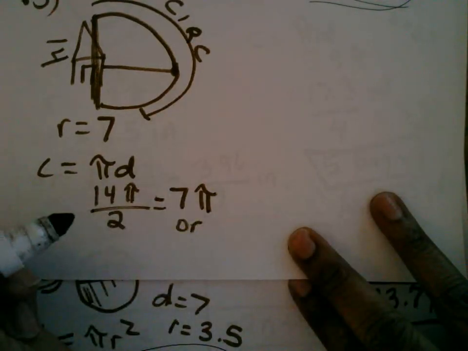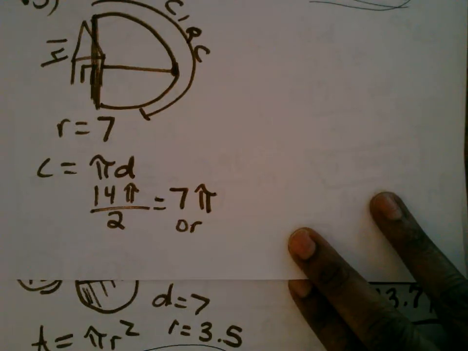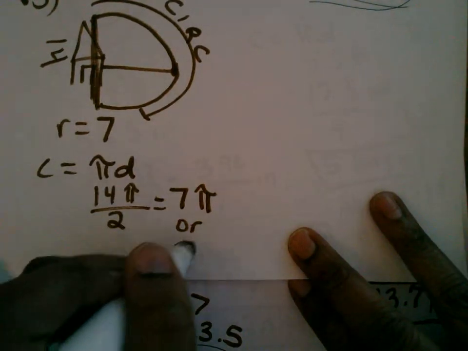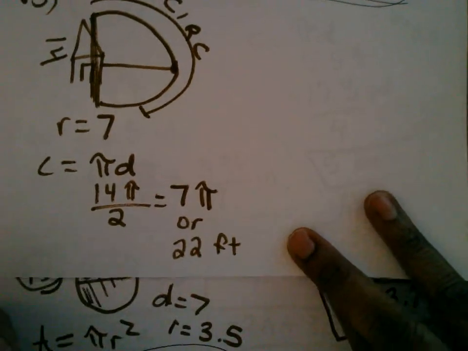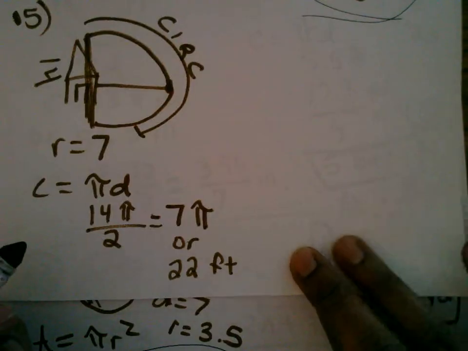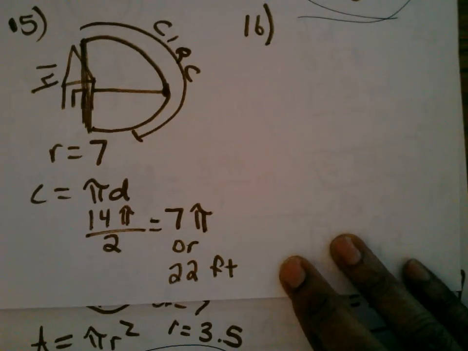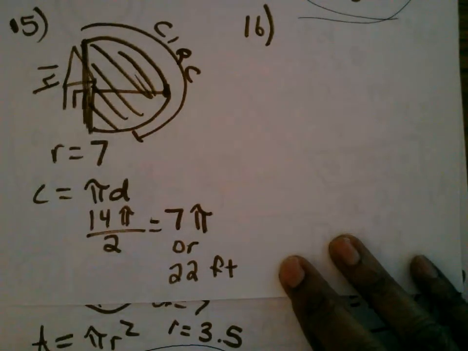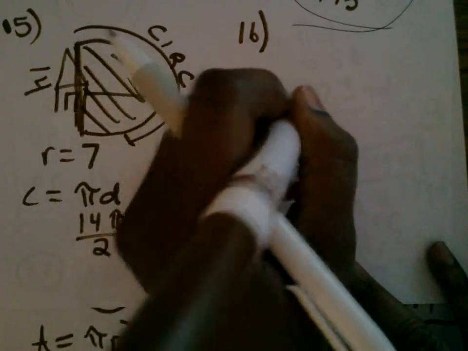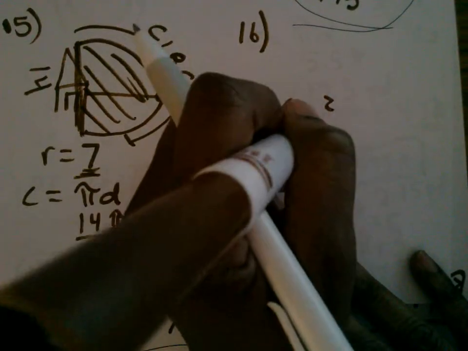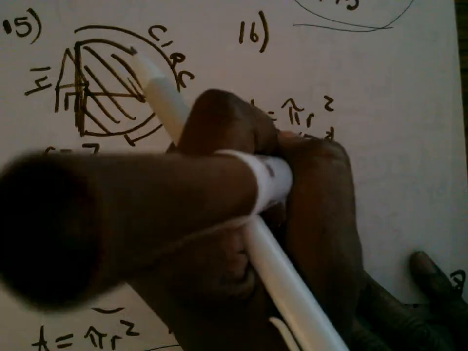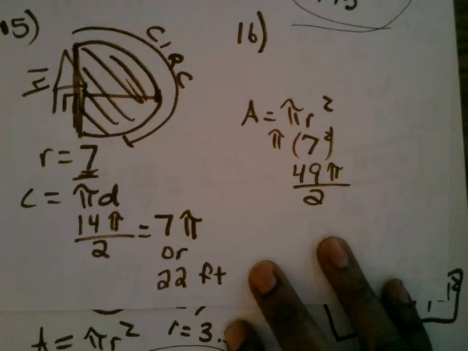Or 22 feet. And then on number 16, the same dog pen is going to be covered inside. So we need to find the area, pi r squared, when r is 7. 49 pi, but we need to divide that by 2 because it's a semicircle.